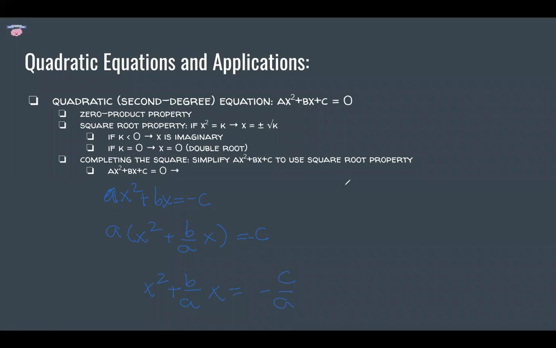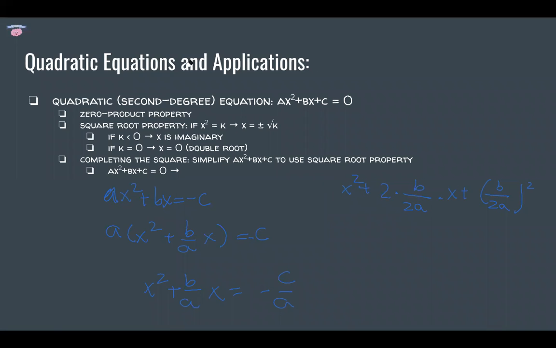So now we have x squared plus 2 times b over 2a times x plus b over 2a squared.